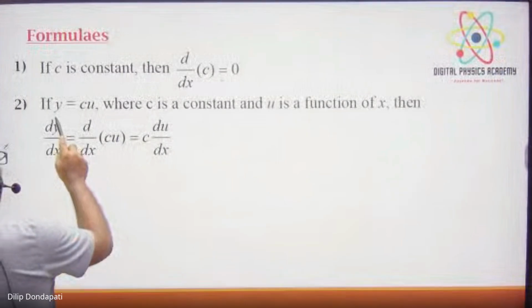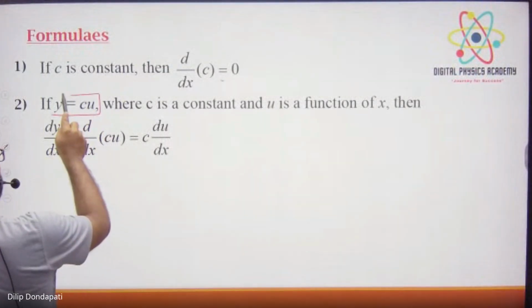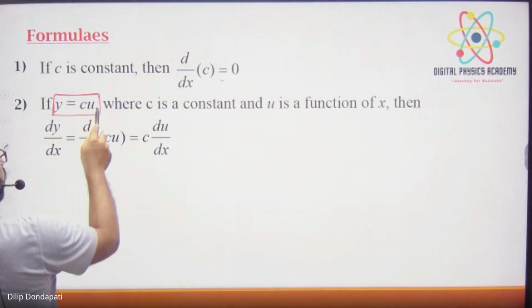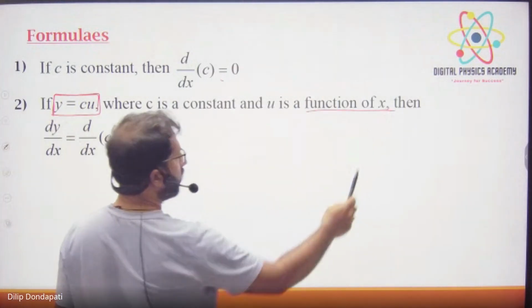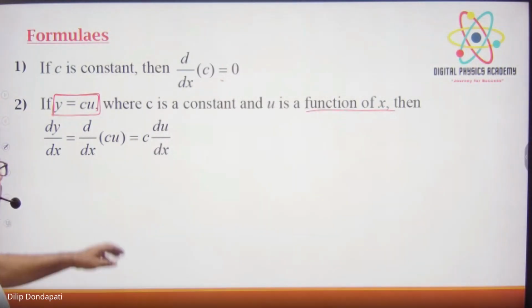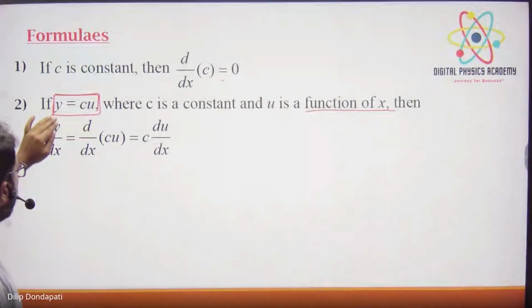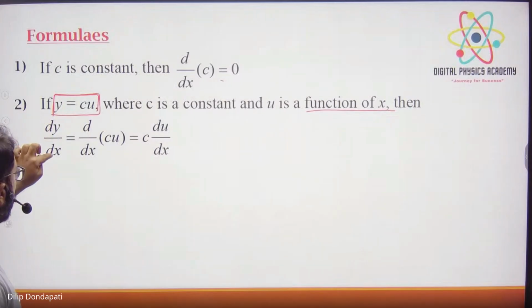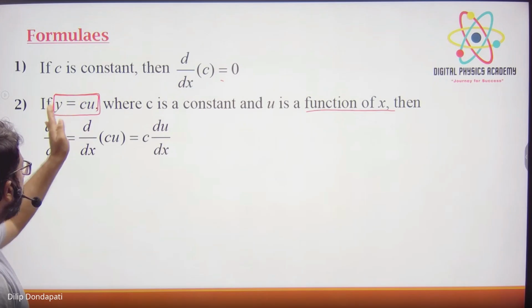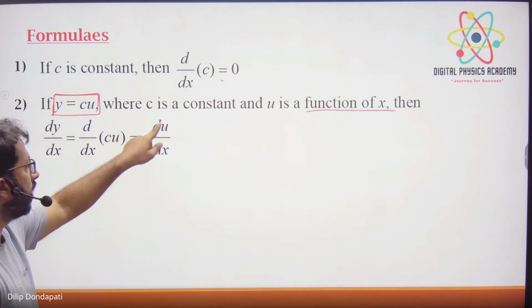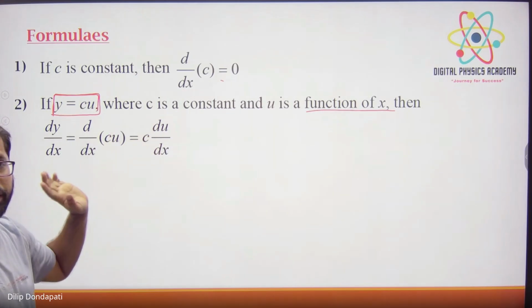Second formula. Suppose you have y is equal to constant times u, where u is any function of x. At that time, when you're doing differentiation, dy by dx, c will come outside and du by dx will be there.